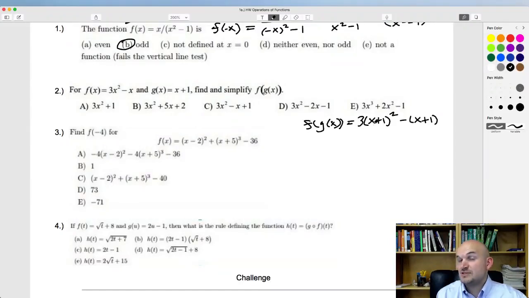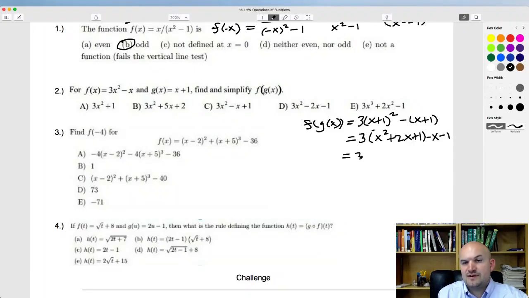Okay, so x plus 1, I can expand that. Hopefully you can follow me here. x squared plus 2x plus 1. And remember, that's all multiplied by 3. And then here I can also distribute the negative. All right, let's distribute this 3 here.